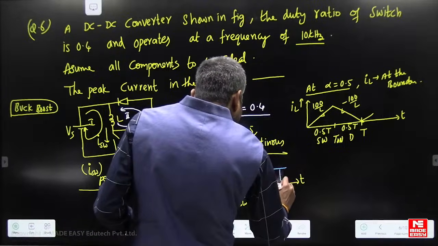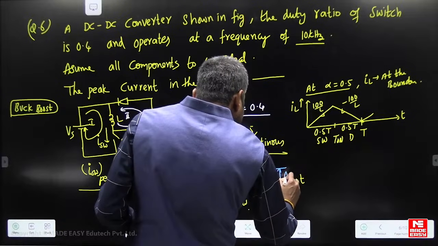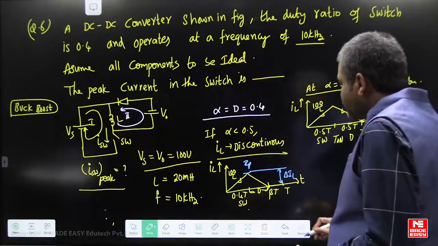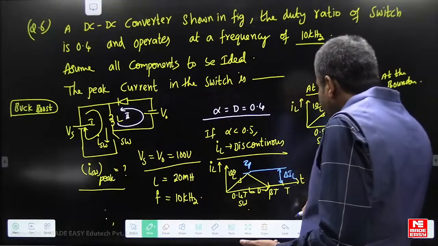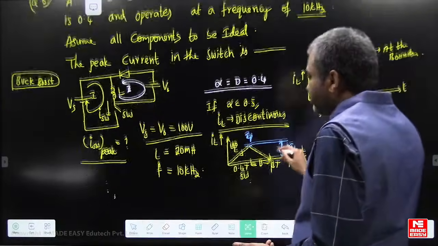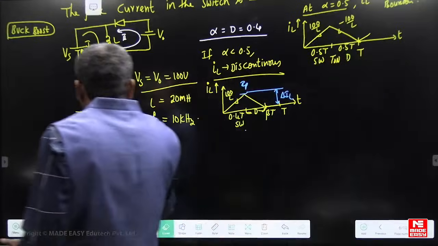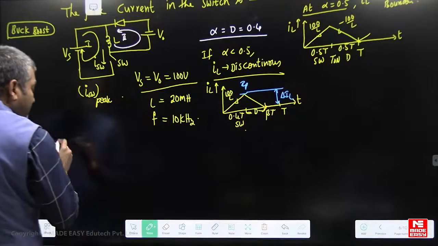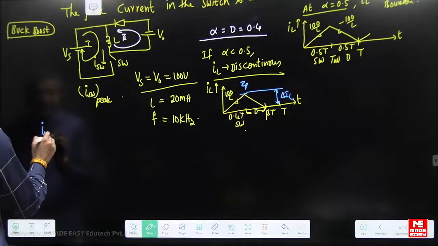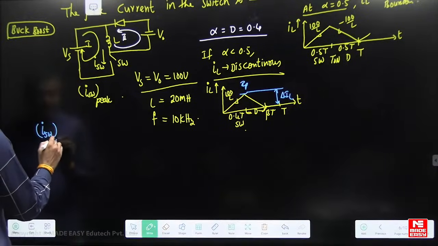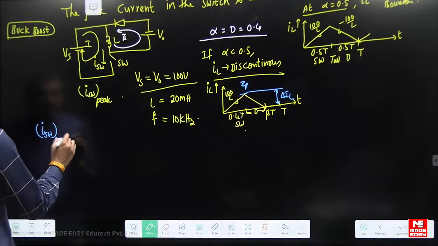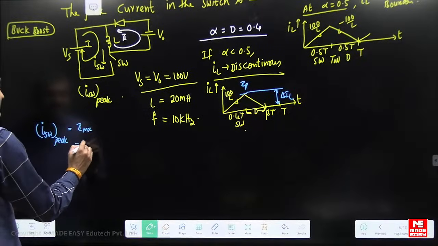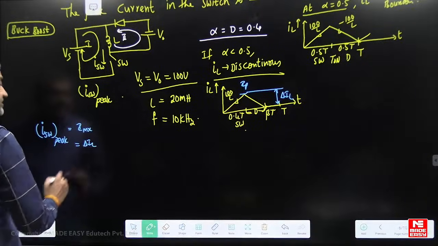The peak value of switch current is the same as the ripple in the inductor current. That is nothing but the switch current. So you can note down that point: the peak value of switch current is the same as I maxima, that is delta IL, because it is discontinuous.